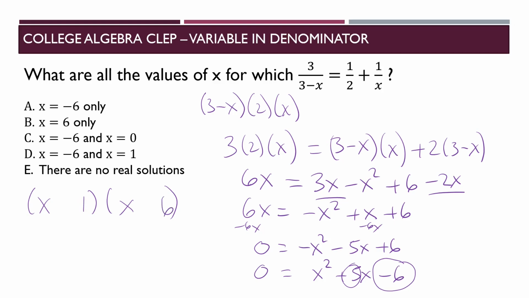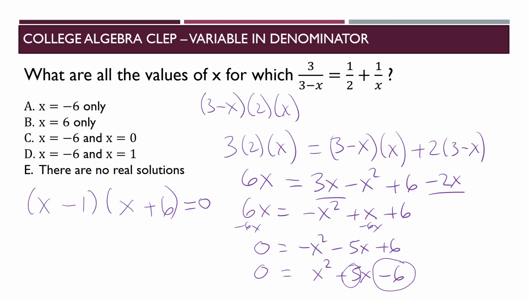And one of them needs to be negative to give me the negative 6. So it's going to be negative 1 and positive 6. When I multiply them together, negative 1 times positive 6 is negative 6. And when I add them together, negative 1 plus 6 is positive 5. So that works out. So this equals 0.